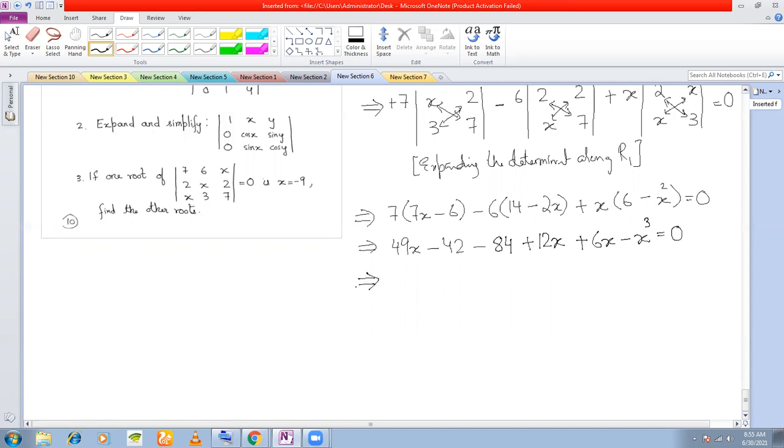Now you are going to get a cubic equation here, right? So you're going to get minus x cube. You have plus 49 here, you have plus 12 here, and you have a plus 6 here. So this is 67, I think, plus 67x, right?